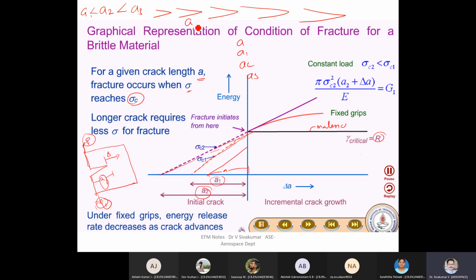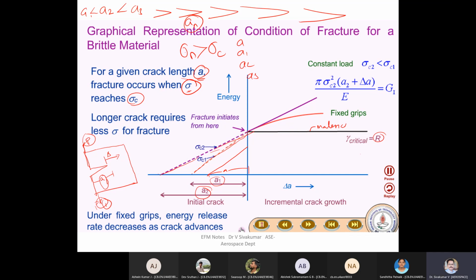A particular A will produce a particular sigma n. For a given crack length A, fracture occurs for a particular sigma. That particular sigma n is greater than the carrying capacity, the critical stress.